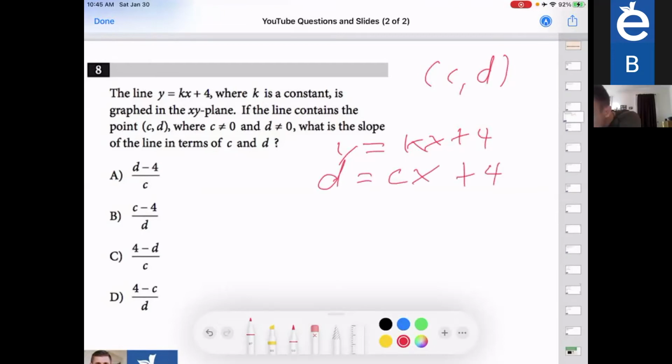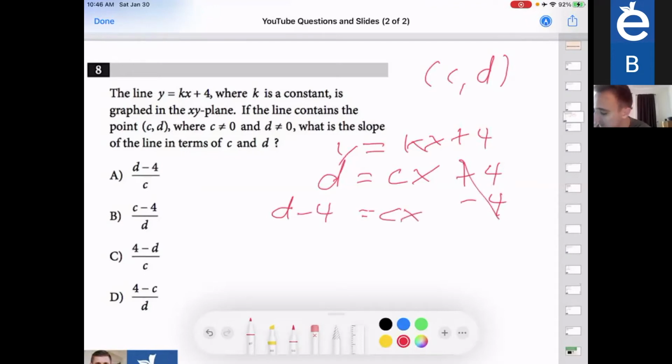Where are we at here? y is equal to kx plus 4, where k is a constant graphed in the xy plane. If the line contains the point c comma d, where c is not equal to 0 and d is not equal to 0, what is the slope of the line in terms of c and d? We're going to solve for this x position here. So I'm going to get x by itself, subtract 4. d minus 4 is equal to c times x.